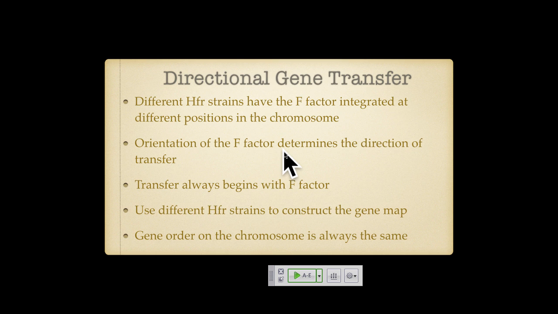If you know something about the polarity in the 3' and 5' ends of DNA, you understand there's a directionality to it. For now, let's just say the integration can go in either of two directions. It's random. And in one orientation, transfer will go clockwise as we draw the map, and in the other orientation, it goes counterclockwise.